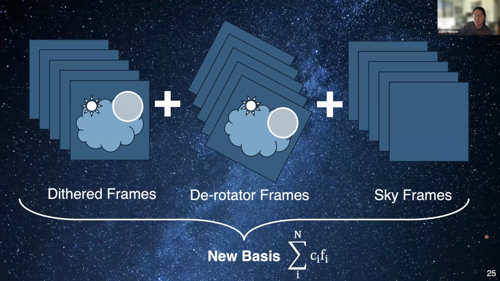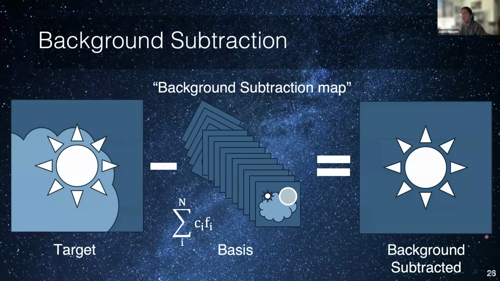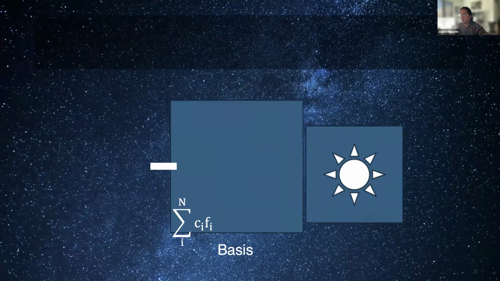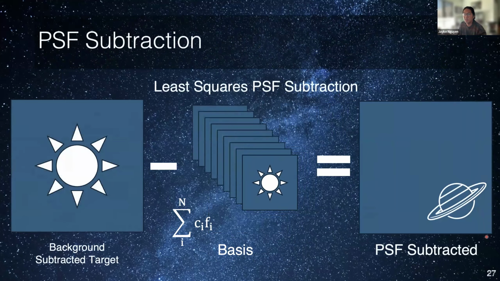And then you also add in these extra sky frames, which we took in between dither positions so that they actually match the angle of the de-rotator relatively closely. Using this new basis, you again construct an optimal linear combination to subtract the background signal, and you construct a background subtraction map to create a background subtracted image in the end. And after that, you can just do your regular least squares PSF subtraction.